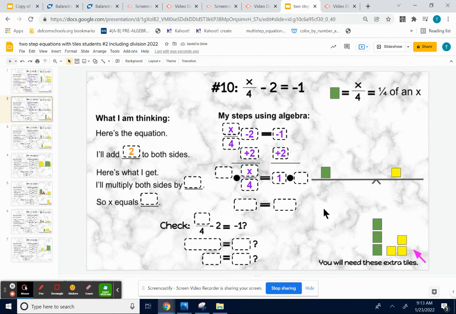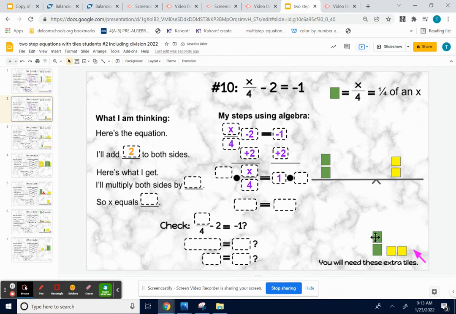Okay, so if a fourth of an x is balancing with 1, and I want to know what an entire x equals, it's a little bit different than the first set of problems you did. Think of the second fourth of an x. If it were there, it would also equal 1.